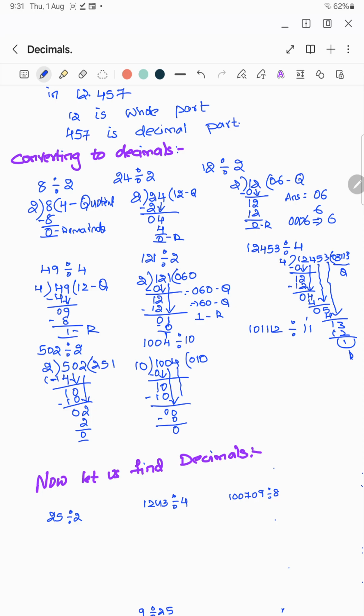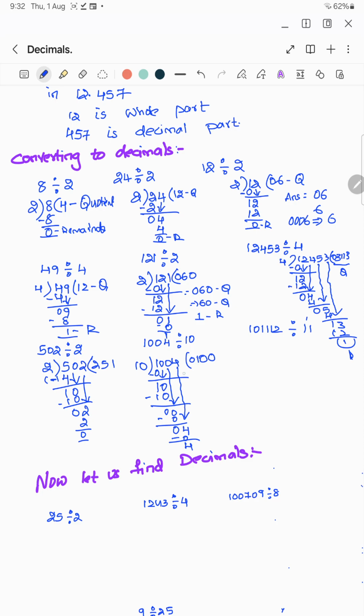Now we take the carried on 4. Here we got the 4. Again 4 is less than 10, so we multiply with 0, because 10 is greater than 4. 10 into 0 is 0, so minus 4.